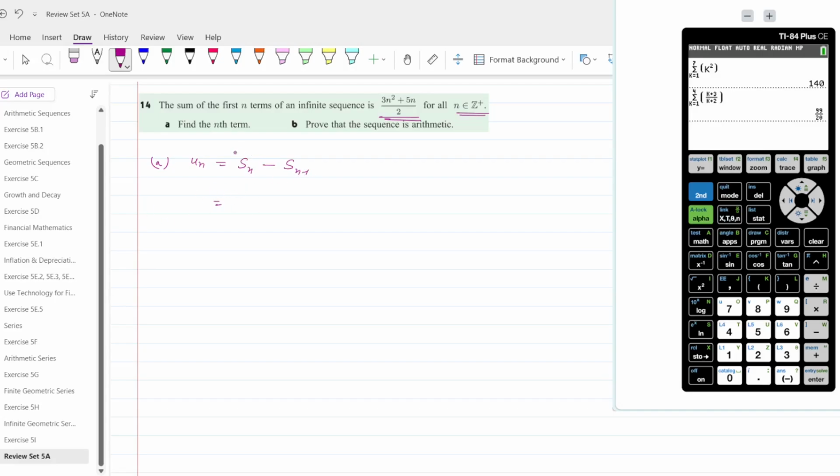Now substituting in this formula, we get 3n square plus 5n divided by 2 minus 3 times n minus 1 square plus 5 times n minus 1 divided by 2.